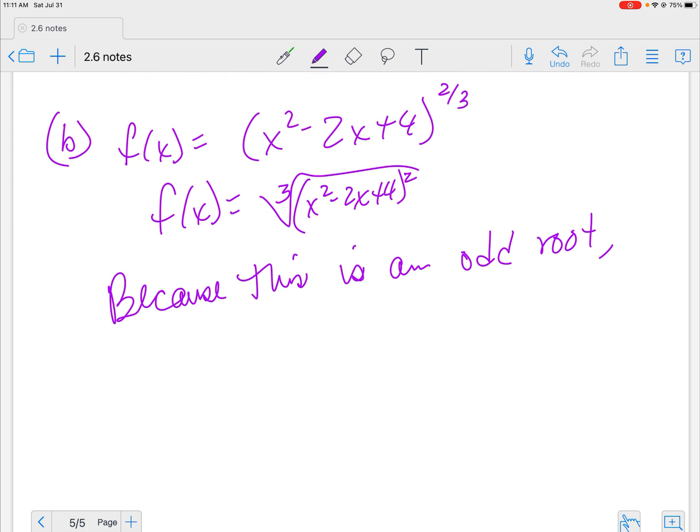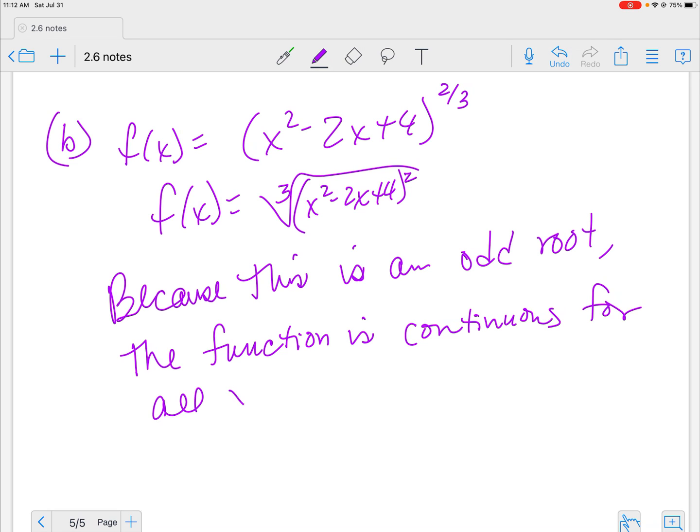My handwriting is just super extra bad today. Hang in there, guys. Because this is an odd root, the function is continuous for all x, right? Because it's an odd root, I don't have any issues that go with that. It's continuous for everything.